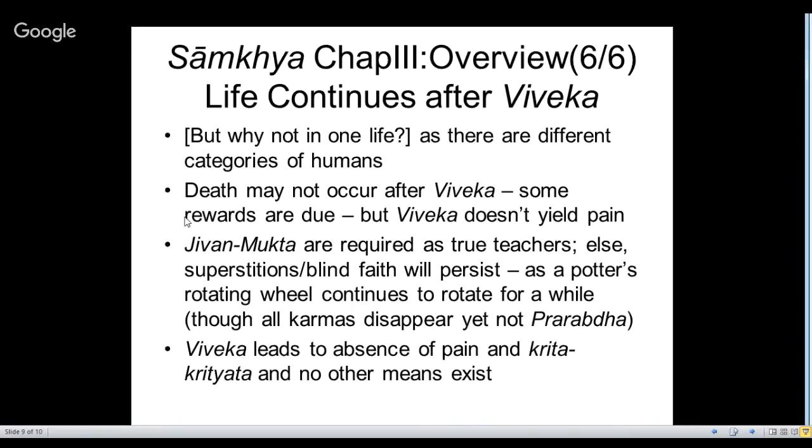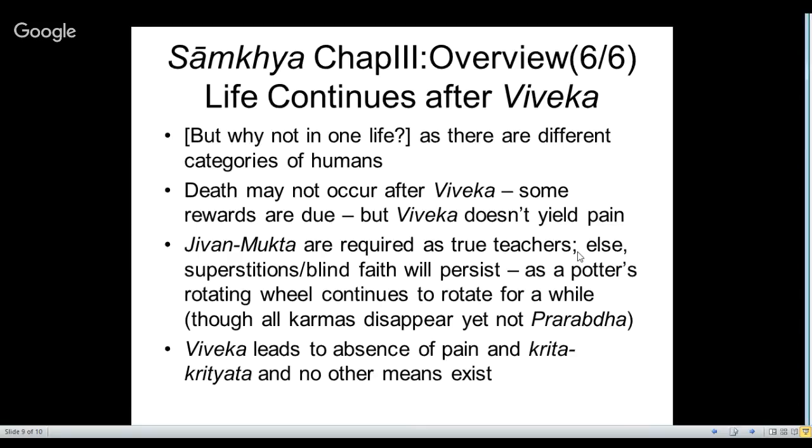Then he offers another argument that indeed such a person should continue his life for some more time, and he calls them a Jivan Mukt because they are the only ones who are qualified to become our true teachers. A teacher is one who has seen. If you have not seen the truth, how can you explain it to others? Is it not? So the world always needs such teachers.